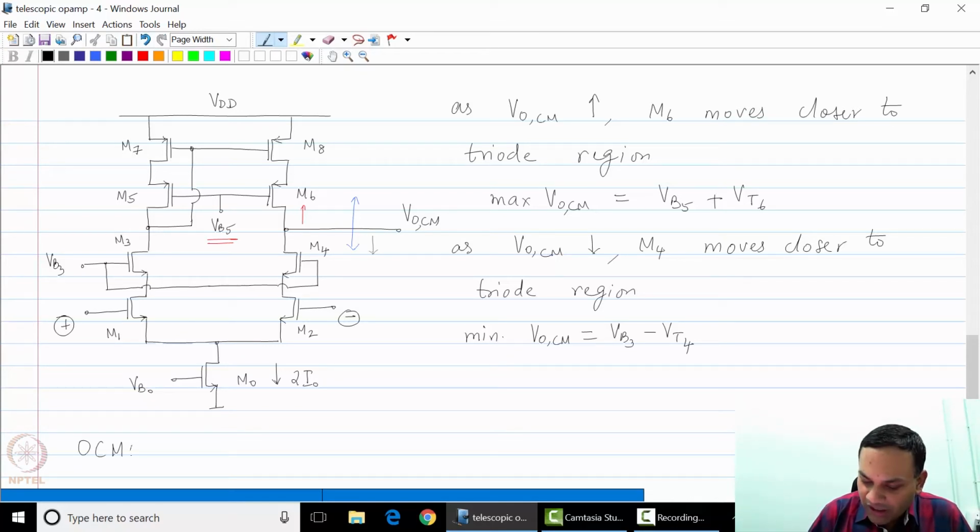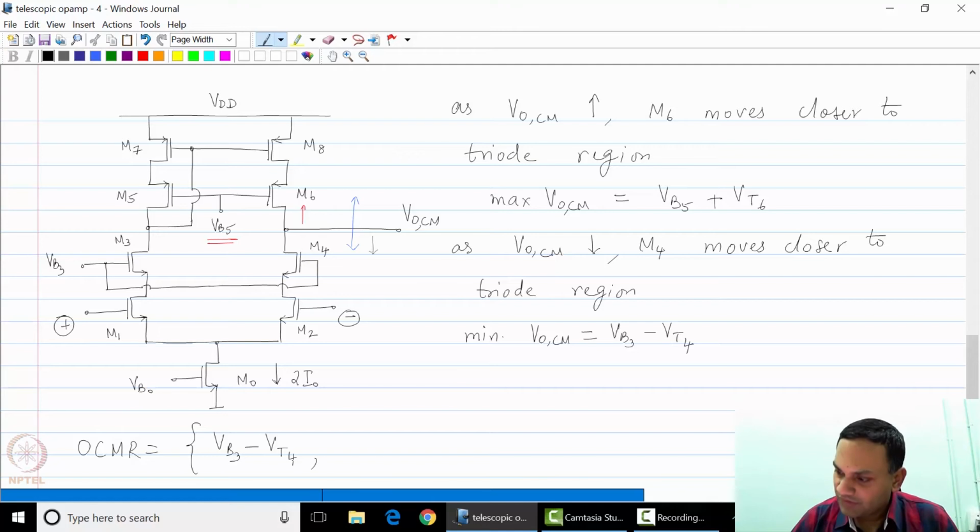Therefore, the output common mode range is VB3 minus VT4, comma, VB5 plus VT6. As you can see, this depends on VB3 and VB5 numbers, but in general, you will find that the output common mode range of the telescopic op-amp is smaller than that for the one stage op-amp. Naturally, because you now have larger number of transistors and you cannot support a large enough common mode range or swing at the output node.